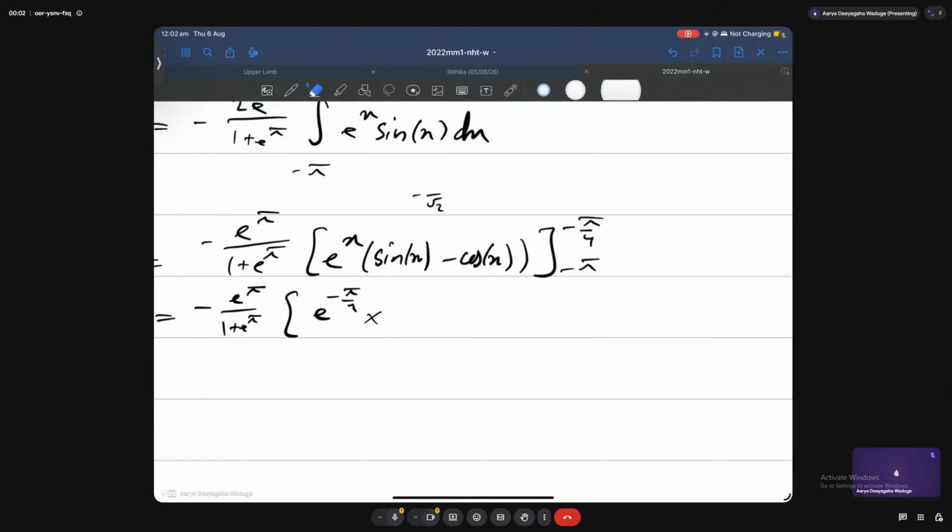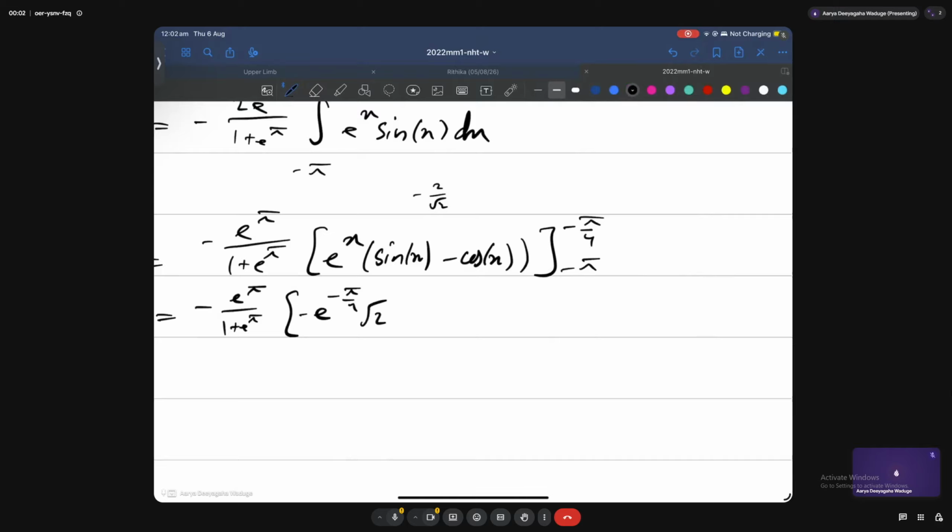So this is going to be negative 2 on root 2, so negative root 2. My bad.